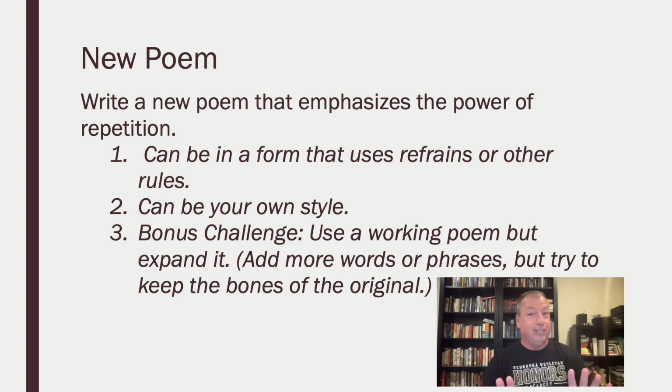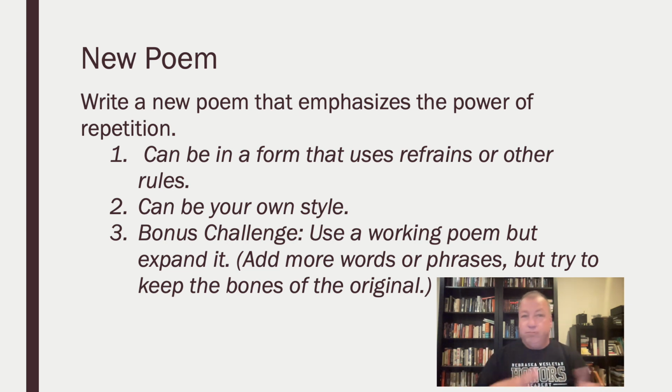Now, I do have a bonus challenge for those who like to try to take these lessons further. The bonus one is to take your working poem and expand it. Keep the backbone of it, but now you add more words. You really latch on to the theme that you saw in your working poem that you jotted down, and try to bring that forward by changing it.